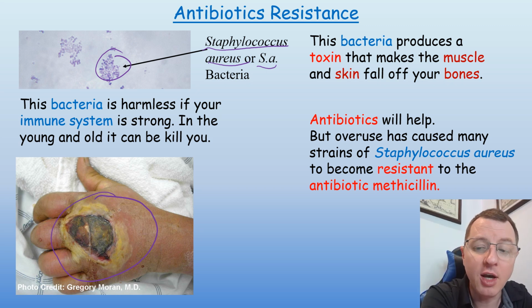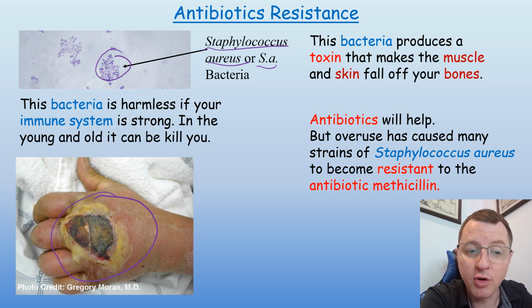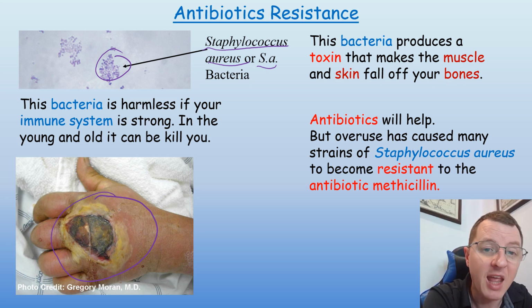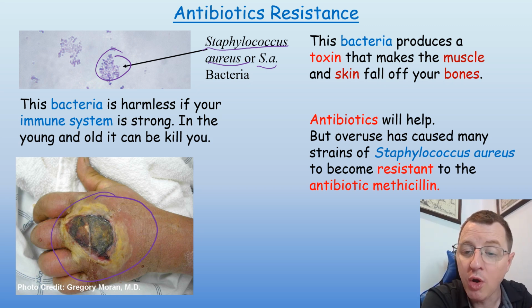If it gets inside your body though, it will produce a toxin that will cause your skin to flake off from a muscle and the muscle to flake off from a bone. But again, this isn't much of a problem if you have a strong immune system. However, in the young or the old, or people with weakened immune systems due to HIV infections or cancer treatments, for example, this particular bacteria can be a very, very dangerous bacteria that may even kill you.